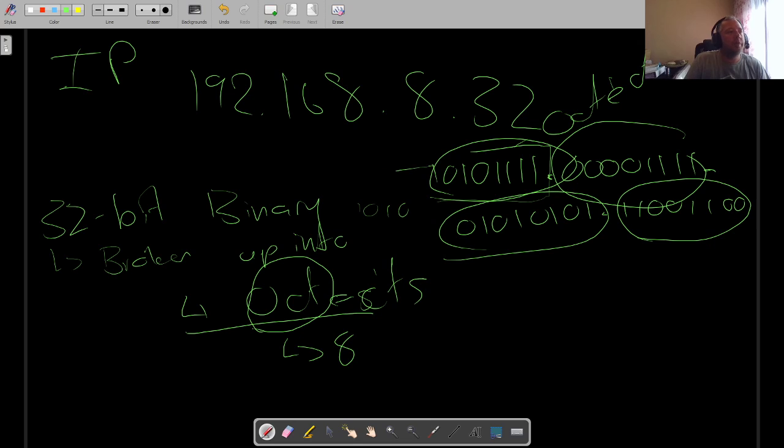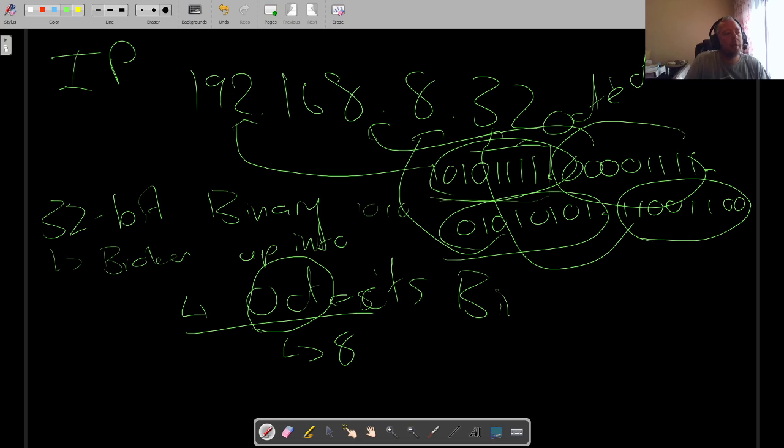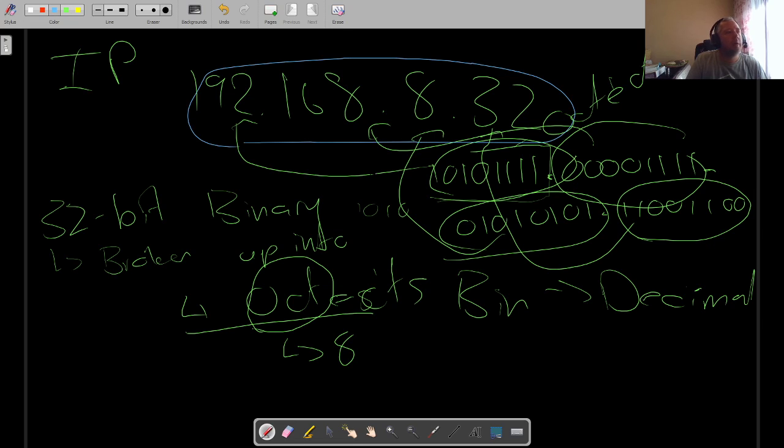Each one of these 8-bit octets is then converted from binary into something we call decimal. And why do we use decimal? Because we as humans like using decimal to read, write and remember things, because it's easier for us to remember that number than it is to remember that number.